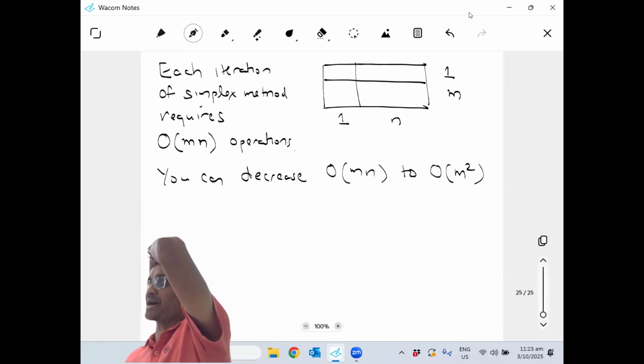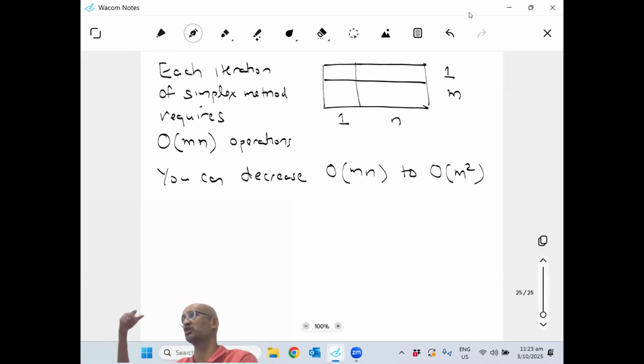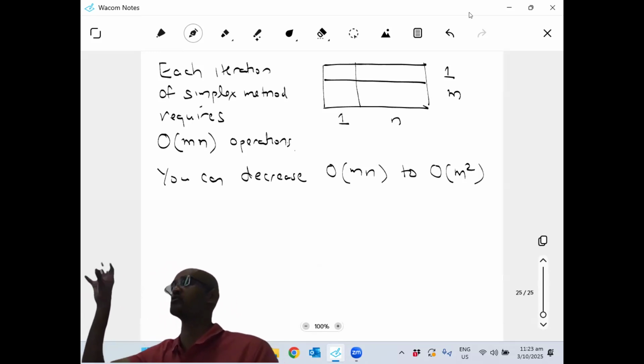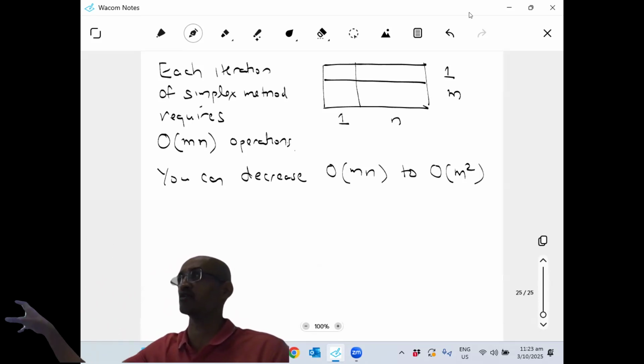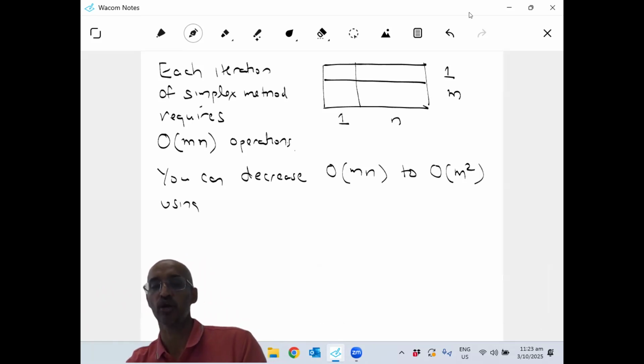Okay. Because if you think broadly, what is really important to you is this B inverse matrix. You have to keep updating this B inverse. Ultimately, what's your optimal solution? B inverse b. So if you can keep track of B inverse in the different steps, you're done actually. As long as I keep updating B inverse correctly, okay? So you can actually decrease order mn to order m squared using something called a revised simplex method, okay?